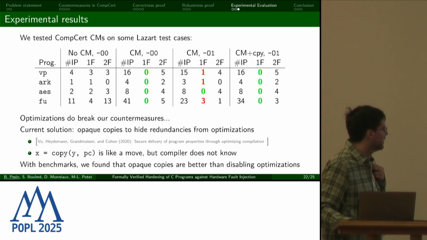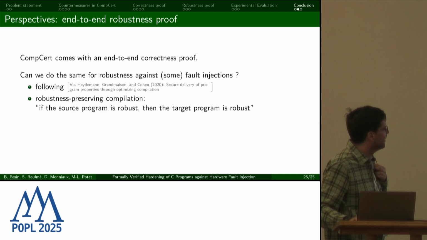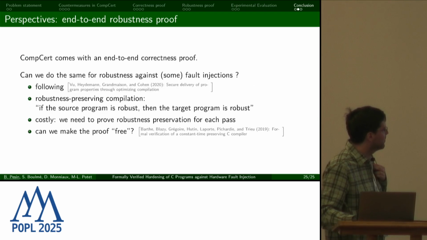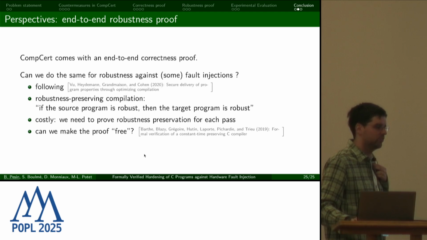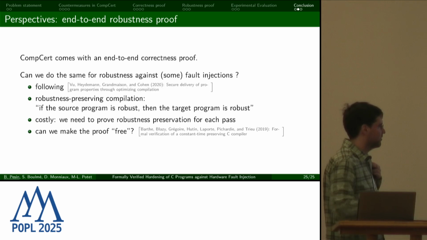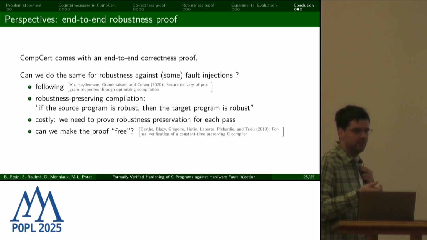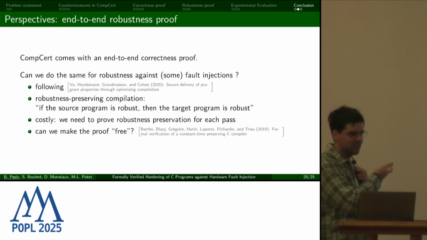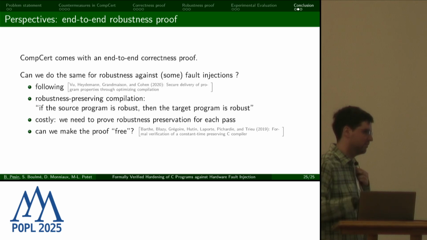And so, as I said in the last slide, the most relevant previous work is this work, but it was focused on the preservation of the constant time property. In this work, there's a really nice encoding, where they encode the leaks as observable events, a bit like we encode faults as observable events.